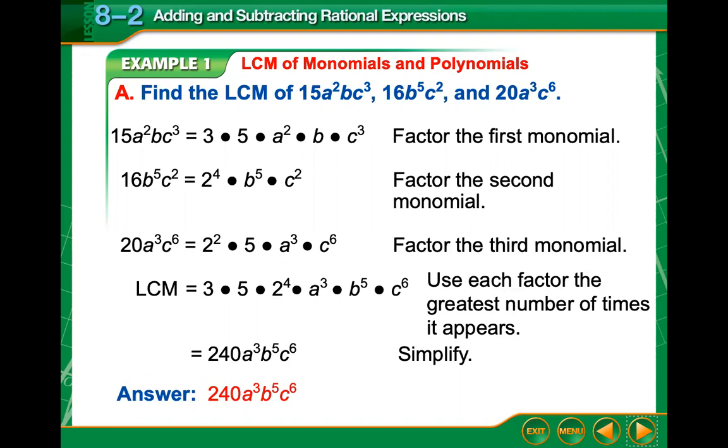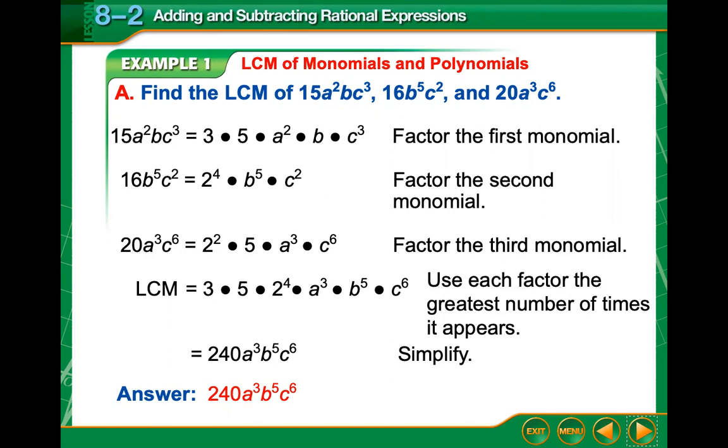For our LCM, we use each factor the greatest number of times it appears. So I take 3 times 5 times 2 to the fourth times a cubed times b to the fifth times c to the sixth. This is our least common multiple, and it's 240 times a cubed, b to the fifth, c to the sixth.